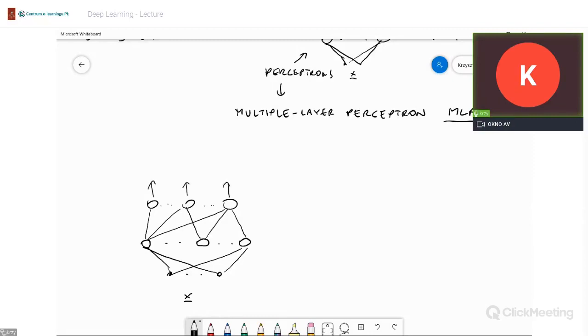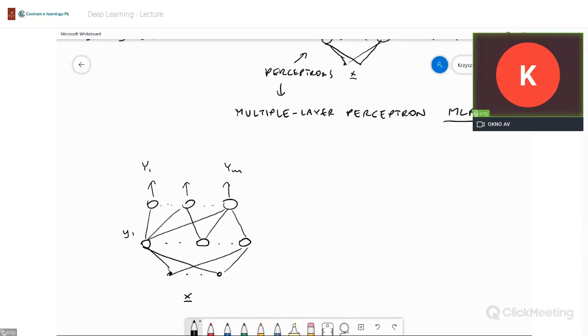Let me use capital letters for denoting neurons in the second layer. So the output will be Y1, and let's assume that I have M neurons, so the last output is Ym. Here I will denote outputs using lowercase.